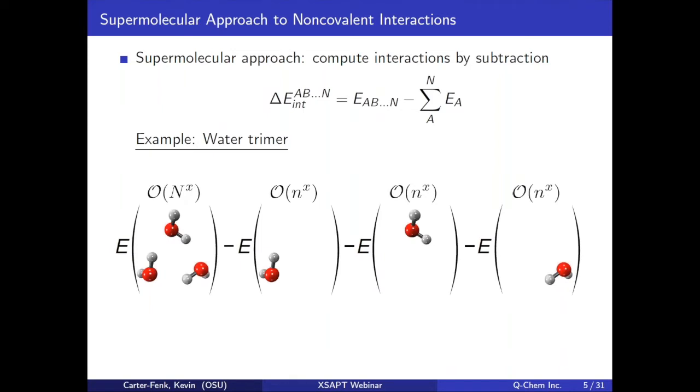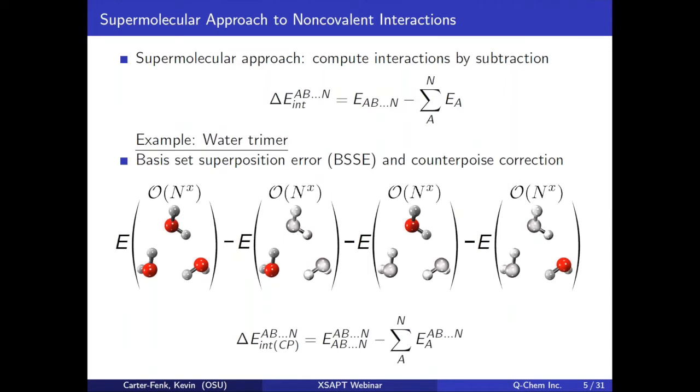So the monomer wave functions are not calculated in the supersystem basis, leading to this basis set superposition error, or BSSE. BSSE does overbind interaction energies.